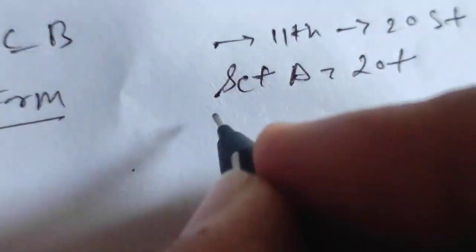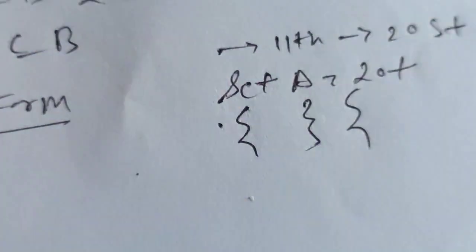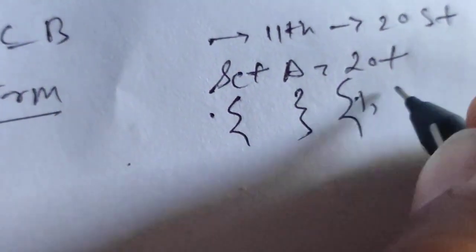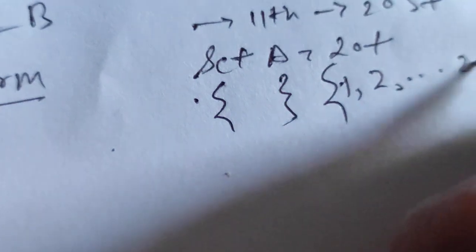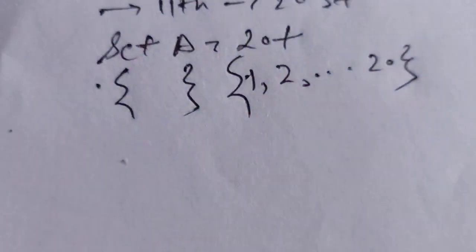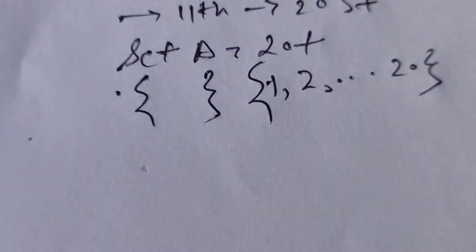Now the roster form generally uses curly brackets. In curly brackets we list all the students using commas, like roll number 1 student, roll number 2 student, up to roll number 20 student. This is called the roster form. Roster form means we write all the members separately, denoting them using commas.